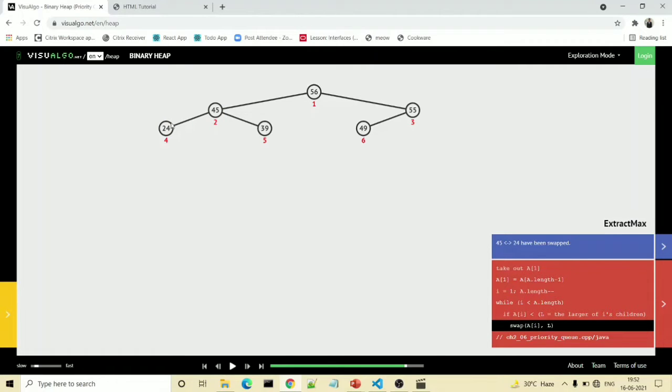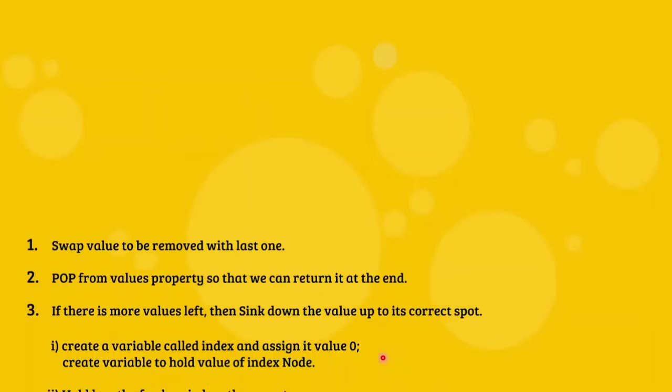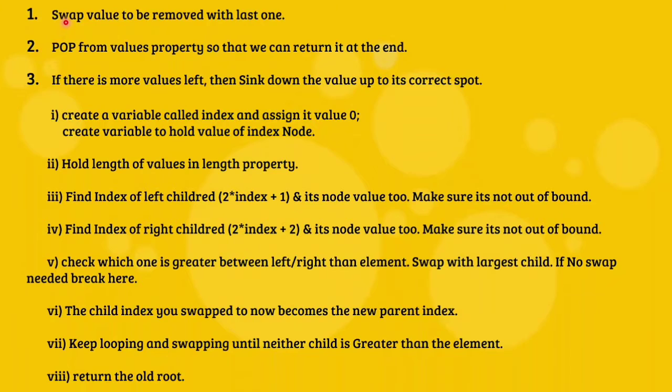Once we understood this concept, it's time to write our pseudocode. Firstly, we will swap the value to be removed with the last one. Then we will pop from the values property so that we can return it at the end. Popping out is always better than shifting.